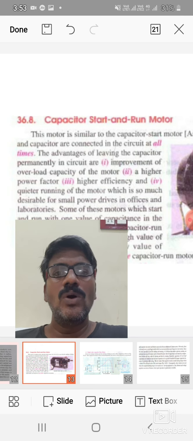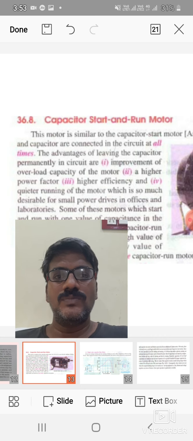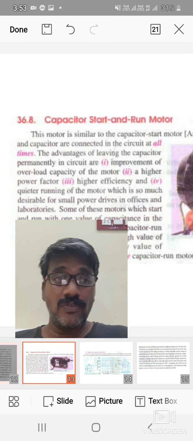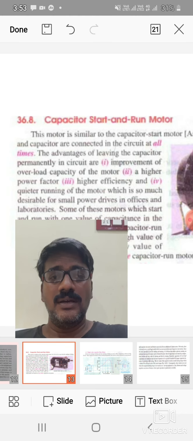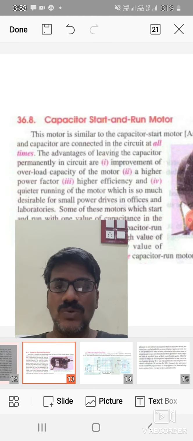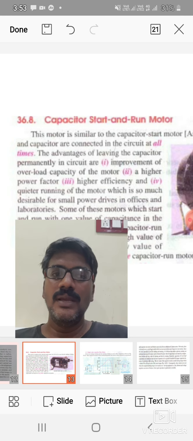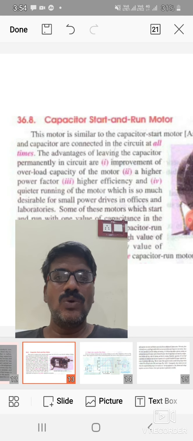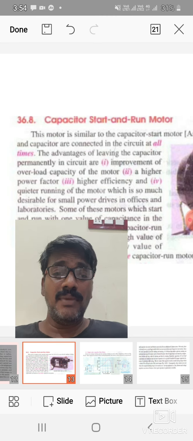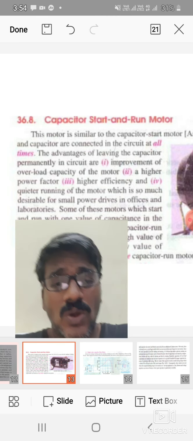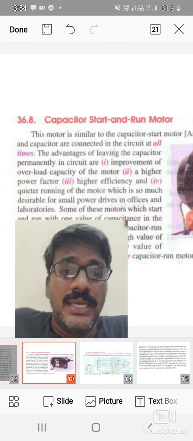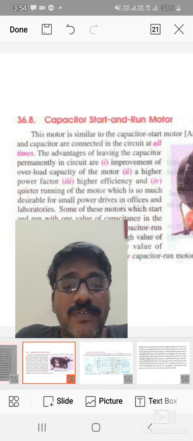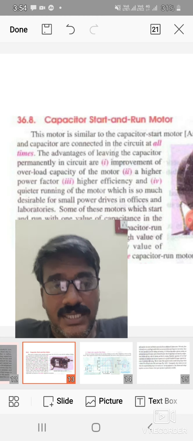the overload capacity of the motor. Overload capacity of the motor is improved, so we can get overload capacity because of connecting a capacitor. It can be overloaded. Next is higher power factor. The main advantage of this capacitor start and capacitor run motor is its higher power factor.